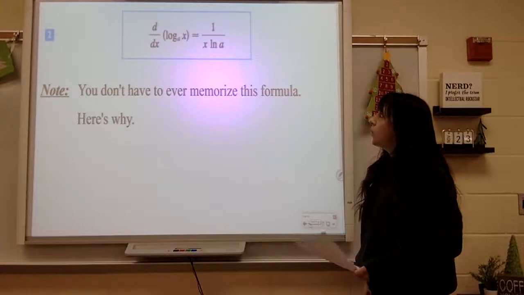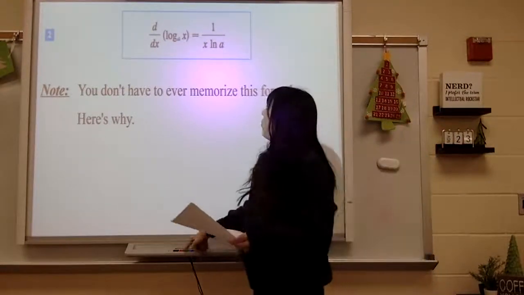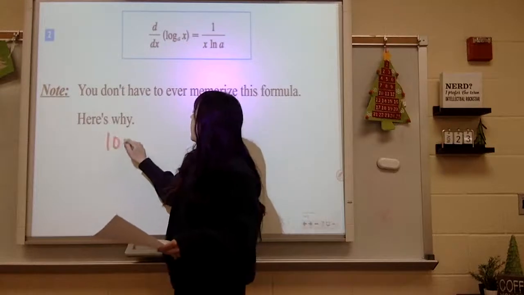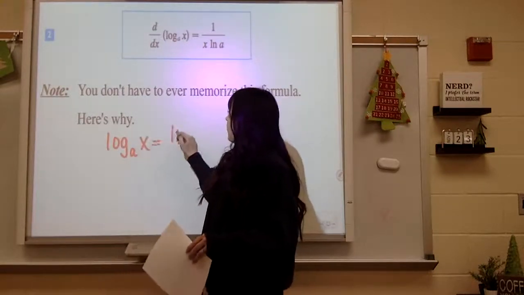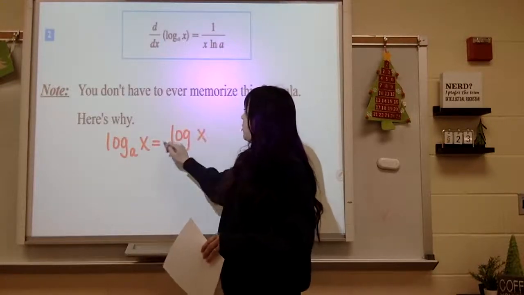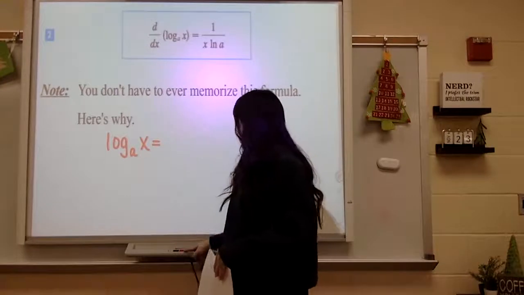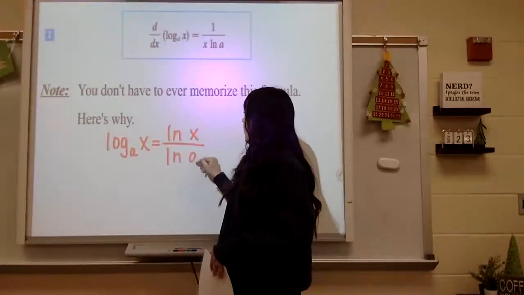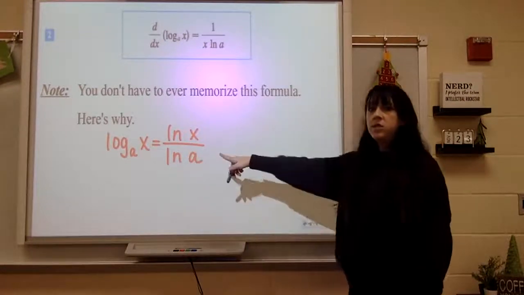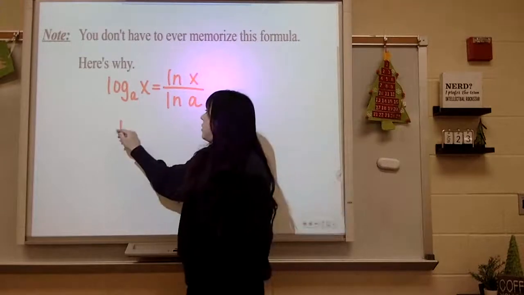I wanted to show you real quick why you don't have to memorize this formula, one more time. So what I was saying is, instead of memorizing another formula, I could rewrite log base a of x as ln of x over ln of a, and then do the derivative of that.